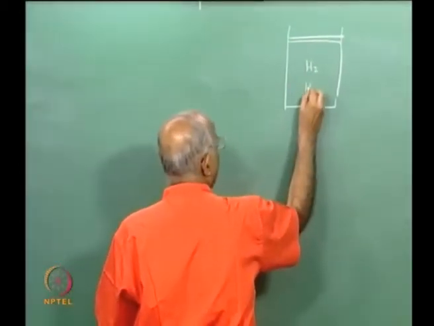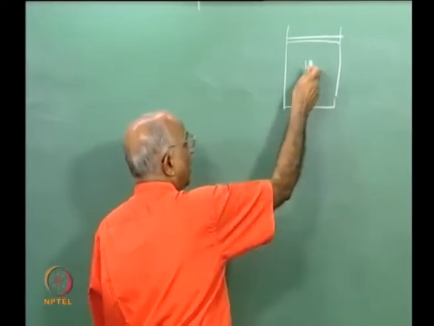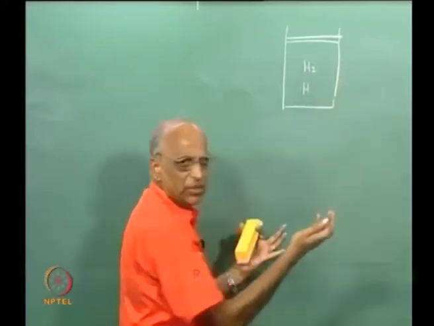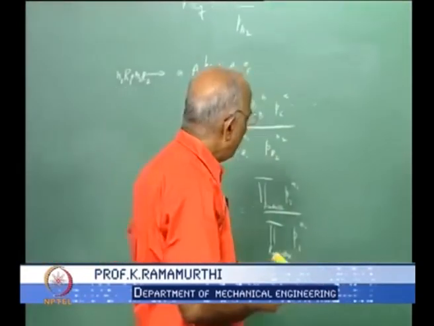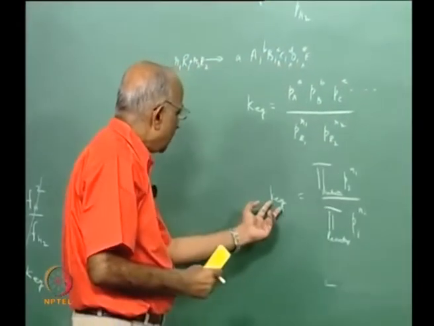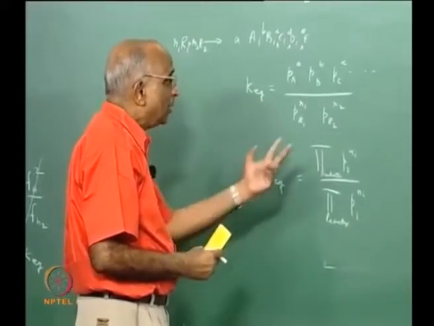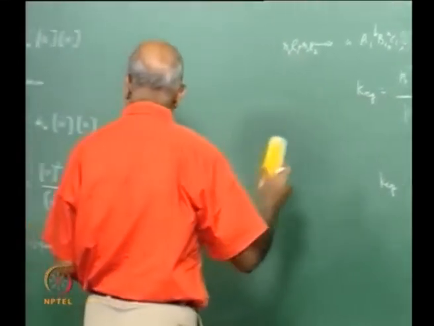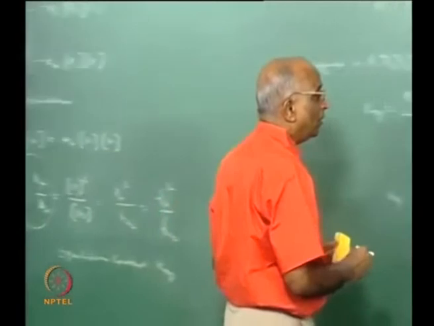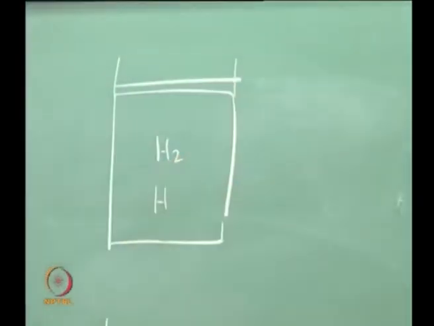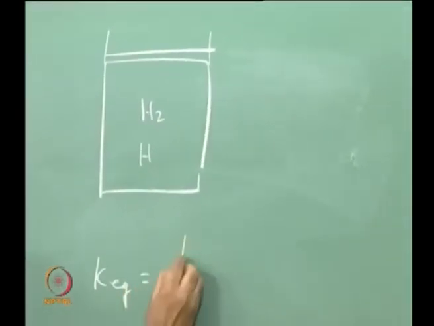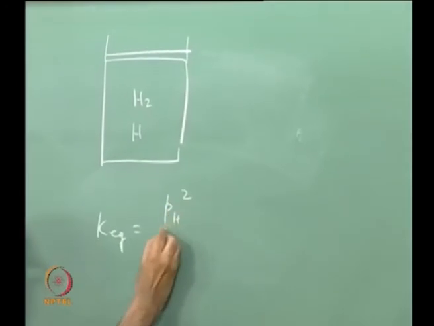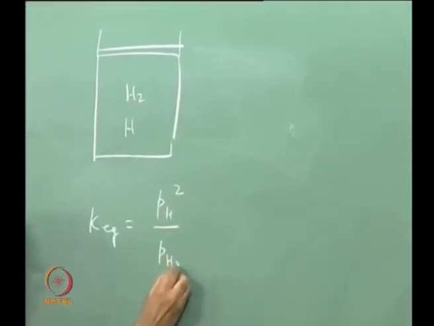I wanted to find out what is the concentration of H and H2 at a given high temperature, and let us go back to this problem. But before that, if I know the value, let us write it out. What did we get for this particular H and H2? We had K equilibrium is equal to pH squared divided by pH2.